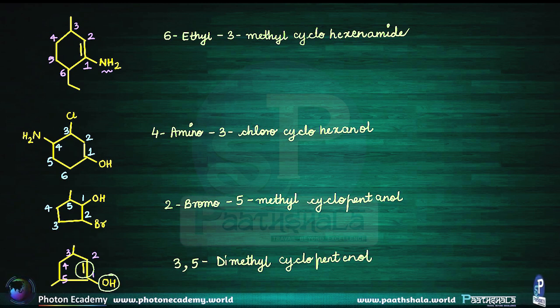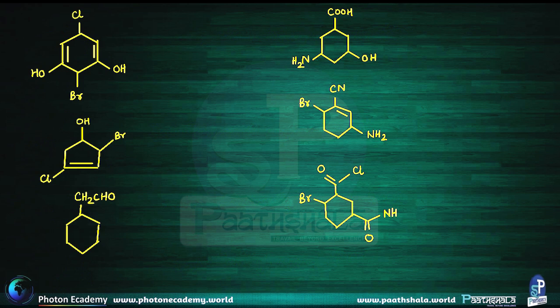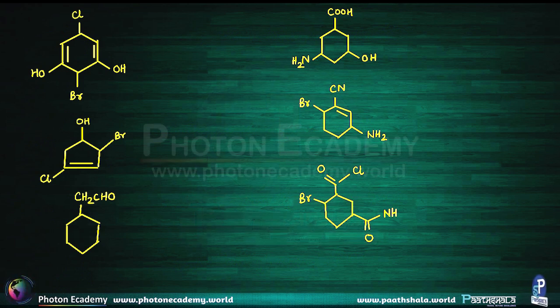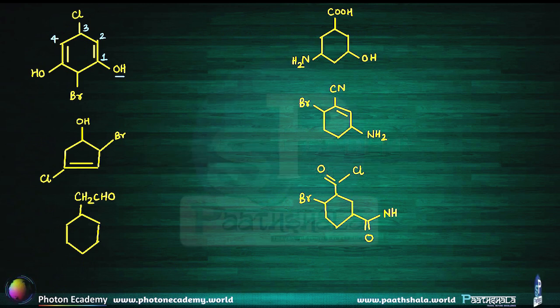In the next one, let us start the numbering now. Quite easy to understand for us now. At first we see the OH has the highest priority, and here we have OH, 2, 3, 4. Let us just make this OH disappear, to avoid any confusion. So 5 and 6.